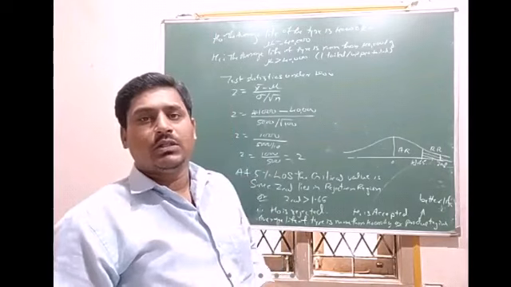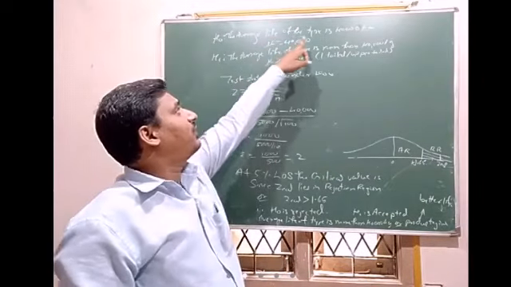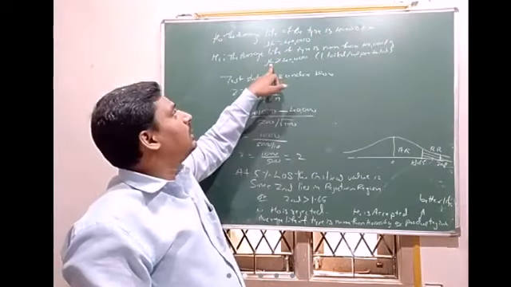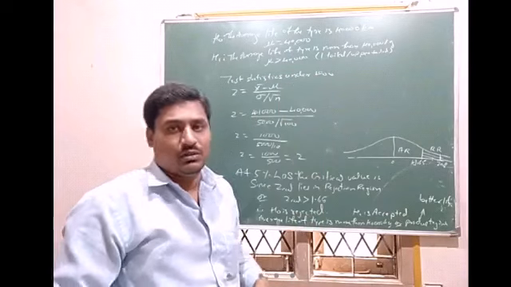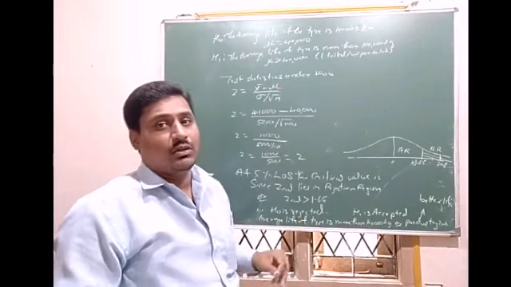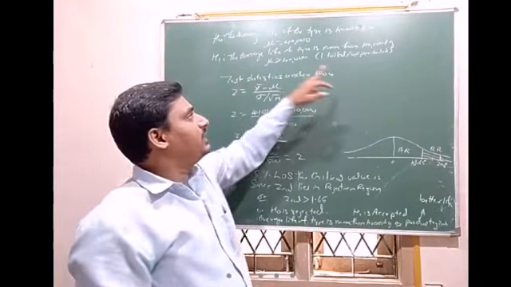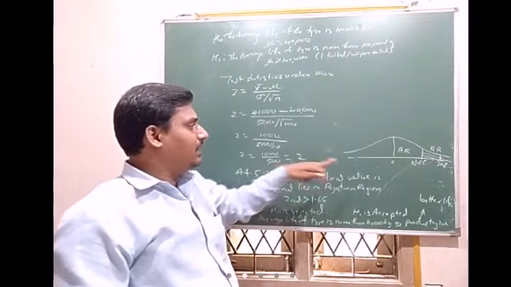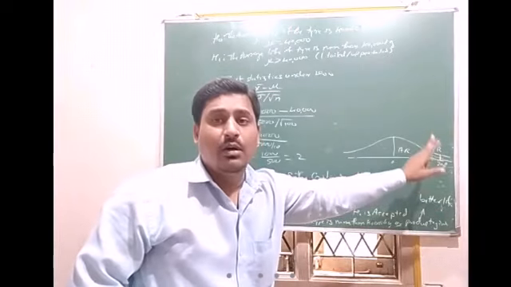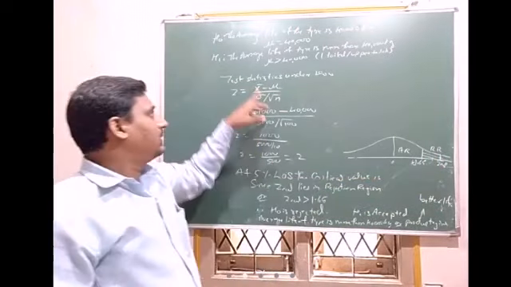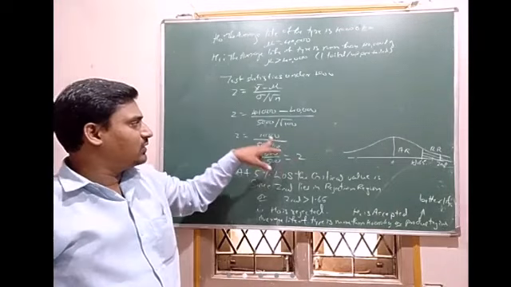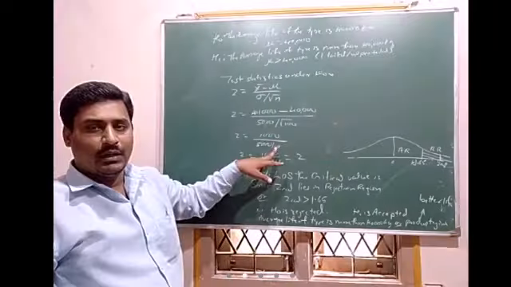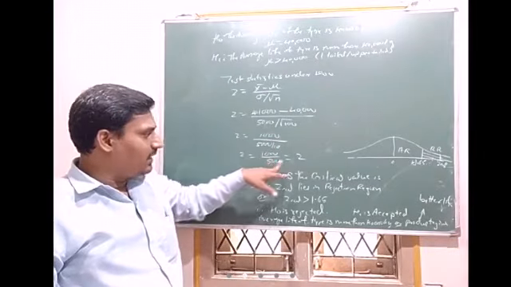So average life of tire is 40,000 kilometers, and H1 is average life of tire is more than 40,000 kilometers. So mu is greater than 40,000. Greater than 40,000 means it is one-tailed and upper tailed test. And upper tail means we have a positive critical value. And calculation 41,000 minus 40,000 is 1,000. 5,000 divided by root 100 is 5,000 divided by 10, and 1,000 divided by 500 is 2.